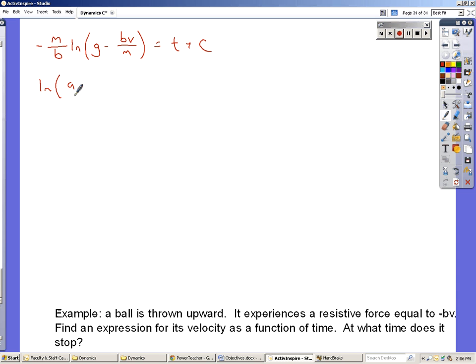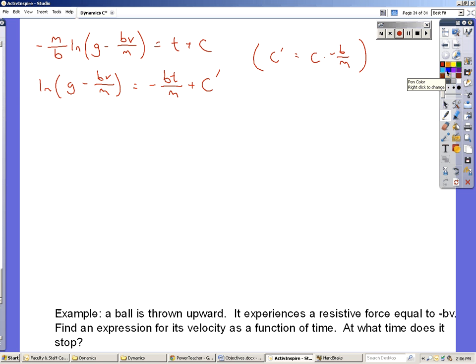So we get natural log of g minus bv over m equals negative bt over m plus c prime. That's just c times negative b over m. It's just an undetermined constant, so we can rename it whenever we want.